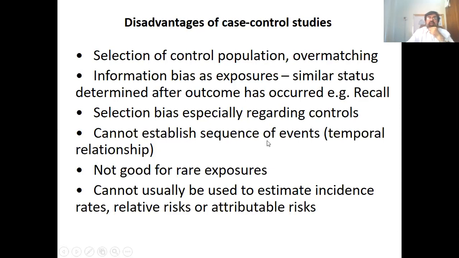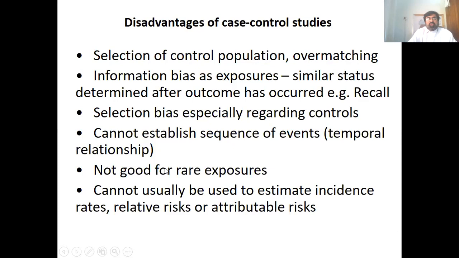Selection bias, especially regarding controls. It cannot establish a temporal sequence of association because you are not spending time with the individual. You just go and collect the data, just like a cross-sectional study. Not good for rare exposure because you don't know what the exposure is. For a rare exposure, it is not a good study, because with a disease of long latency, how long will you wait?